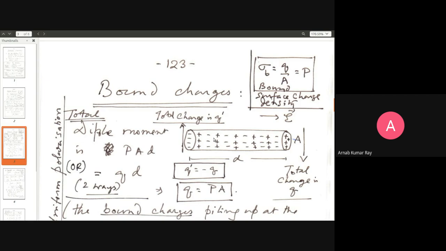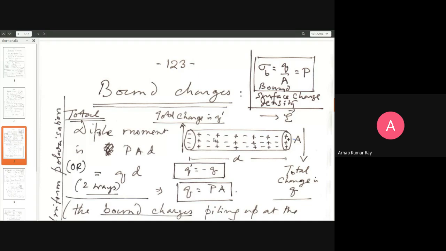If something is made of an atom, it has to be made up of charged material, a positively charged nucleus and a negatively charged electron, all these things. However, what distinguishes a conductor from an insulator is not the presence or the absence of charges, but the presence or the absence of free charges.